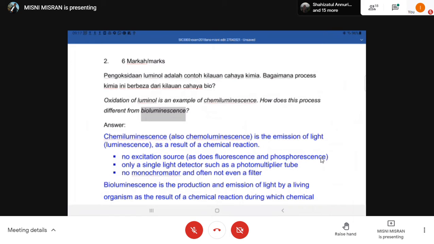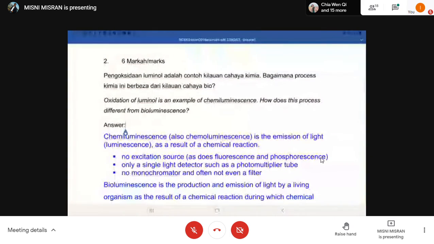But if you write 3 each, one for chemiluminescence, the difference to bioluminescence, and one for bioluminescence, the difference to chemiluminescence, or you write one sentence that describes the 2 differences, okay? But again, that is a bit limited. If you write each, the difference from bioluminescence, that is much better, okay?